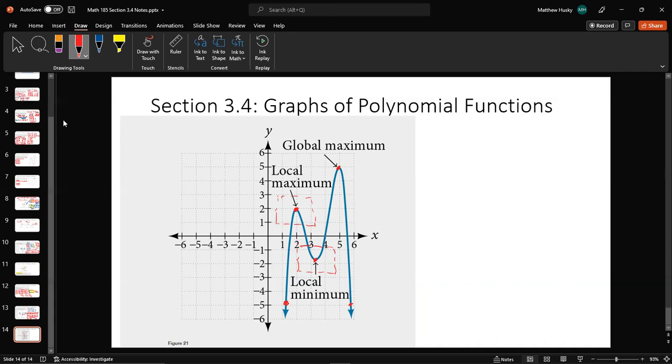This is also a graph that does not have a global minimum, since it's going down forever, there is no overall minimum that it reaches because it just keeps going down farther and farther. So that's mainly just to help you be familiar with some terminology. Okay, that is the end of that section.